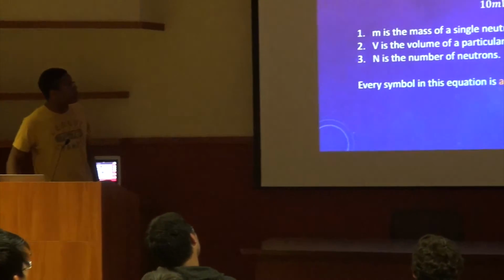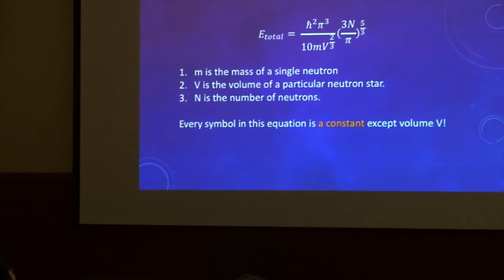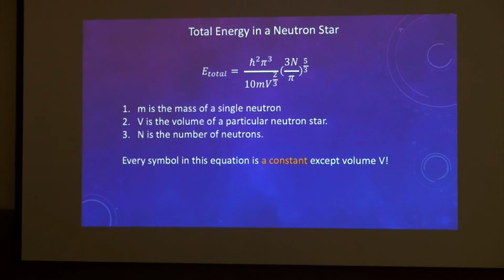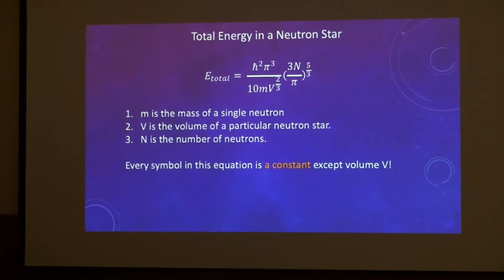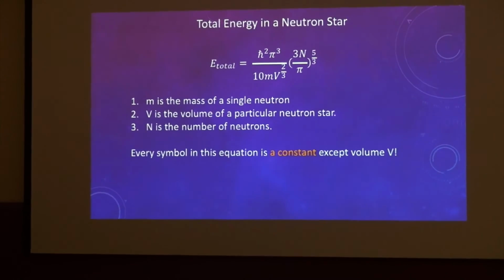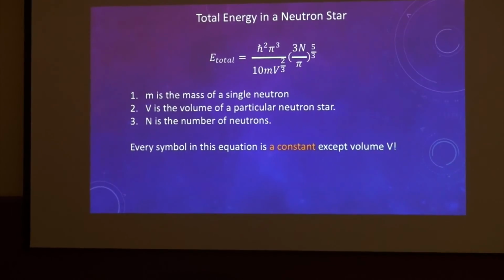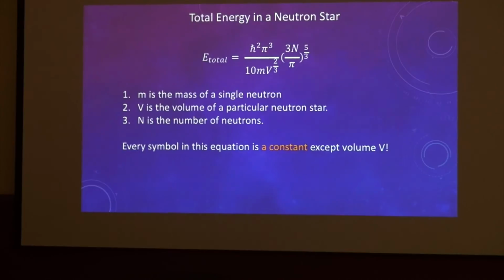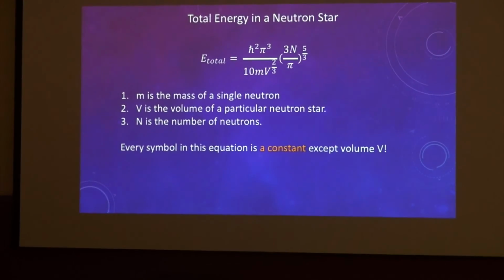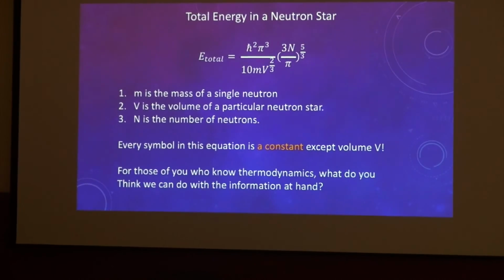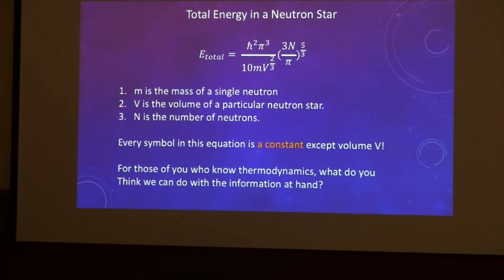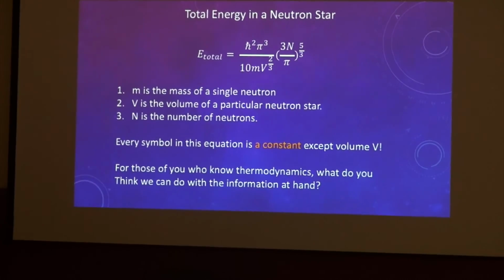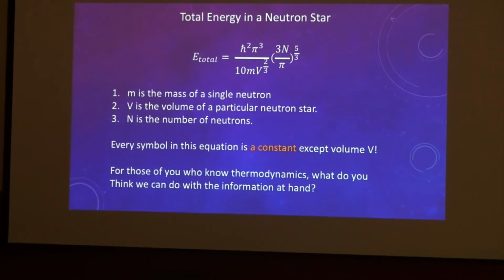If we're imagining post-supernova collapse, and it's starting to collapse, we have a certain number of neutrons and we're trying to find the volume. We're going to soon set this equal to gravitational pressure, and you'll see how we're solving for volume to do that. So we have everything except the volume. We can use thermodynamics to find the pressure given E and V.